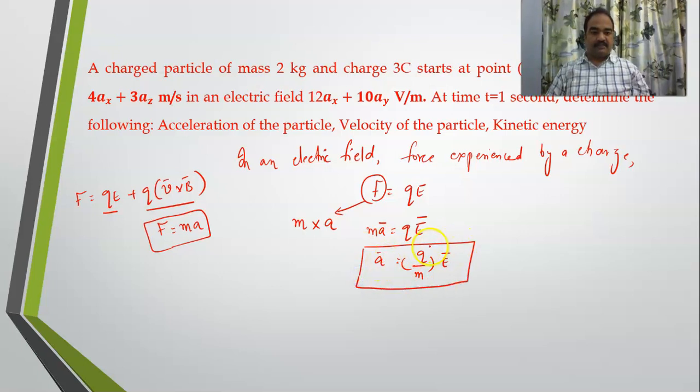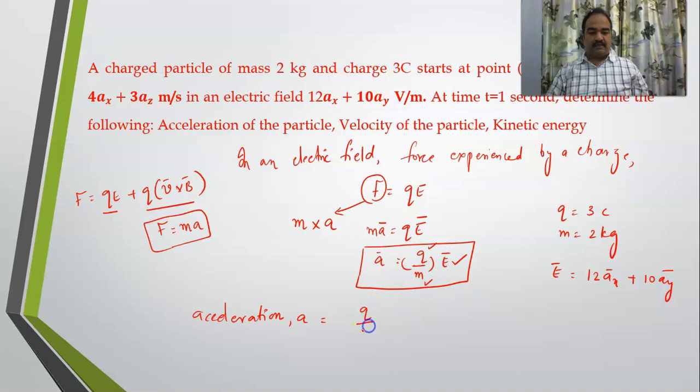I do have charge which has been given, mass is given, E also has been given for me. Right? So what is charge? It is 3 coulomb. What is mass? It is 2 kg. And what is E? E is given as 12ax plus 10ay. Right? So what is acceleration a? Acceleration a can be determined using this formula.